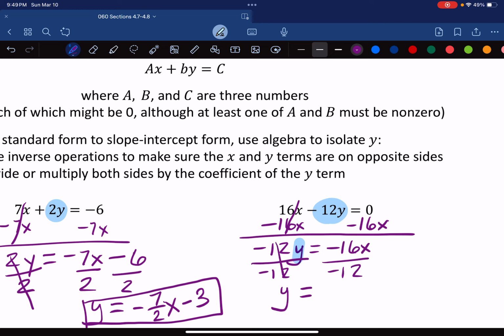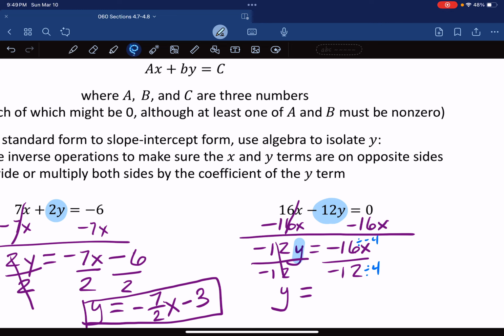And that gives me, let's see, I'm going to divide the 16 by negative 4 and the 12 by negative 4 to simplify these fractions. I want to keep it as a fraction because having slope as a fraction is helpful when I'm graphing.